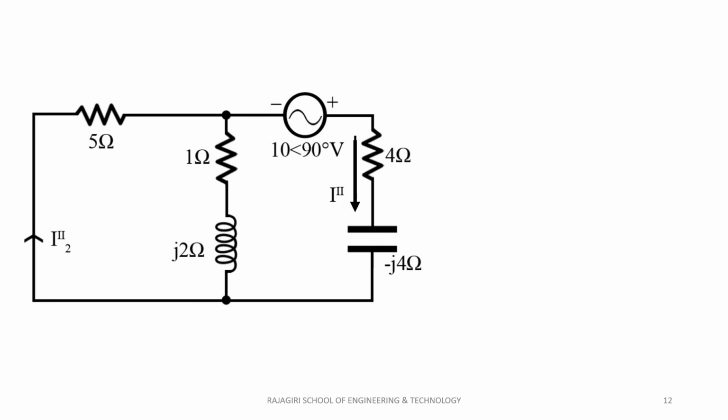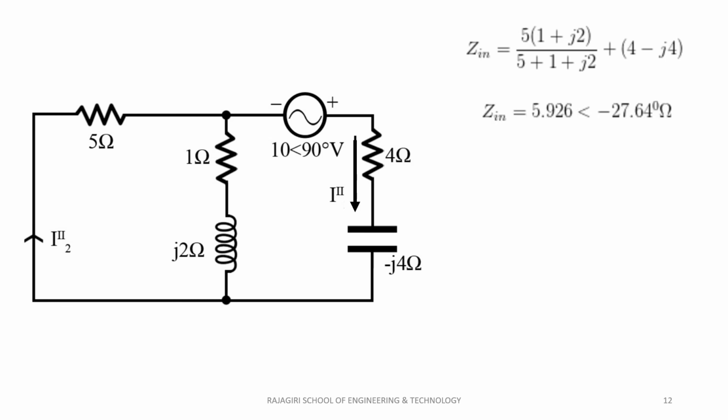Now, we move the excitation to the rightmost branch and measure the response at the leftmost branch. To do this, we again compute Zin. The 5 ohm resistor is in parallel with the series combination of the 1 ohm resistor and inductor. This network is in series with the 4 ohm resistor and capacitor.